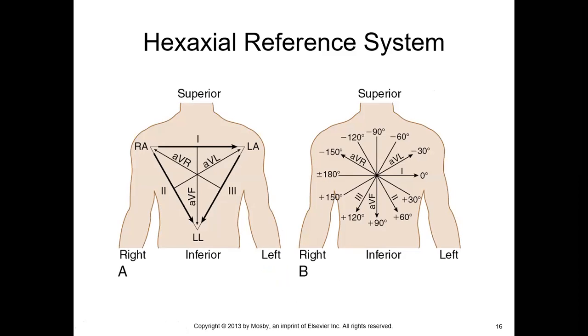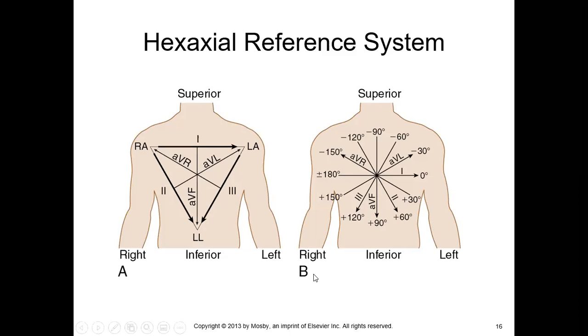In this diagram that you're looking at on the screen, you have the negative and the positive and just a triangle where it shows the sum of these two equals this. All right, so the figure depicts a vector from the limb leads in the frontal plane.